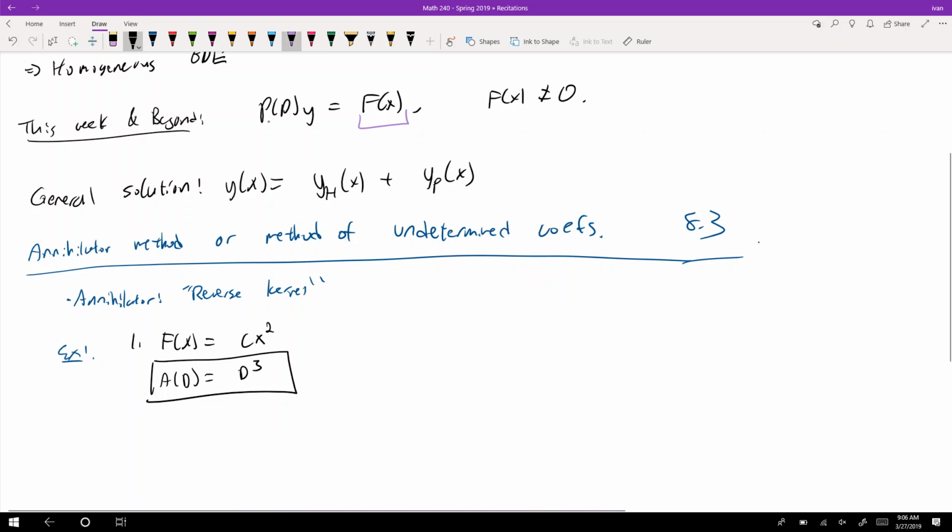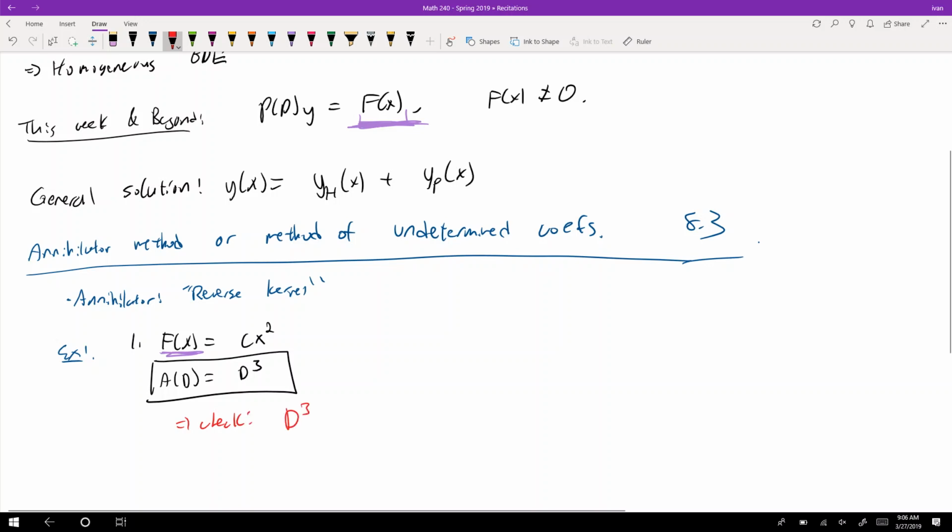And note that this f of x is literally the same notation as the f of x up here. I do that for a reason, because this is what you do to the right-hand side of a diffeq. So you know that f of x is equal to cx squared, and I claim that this is an annihilator. So let's check.